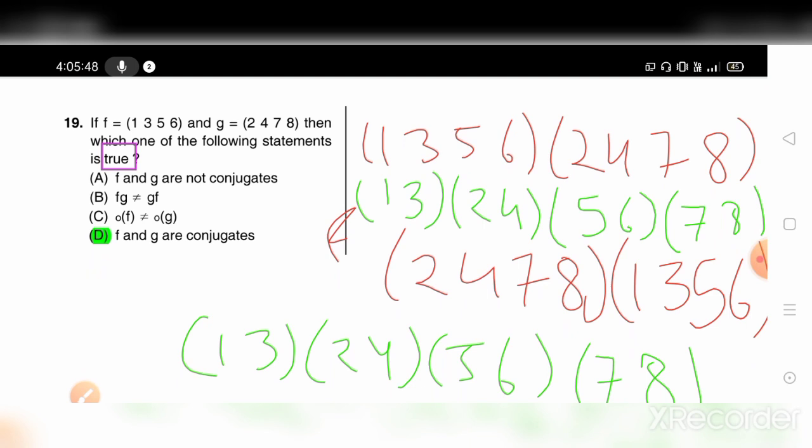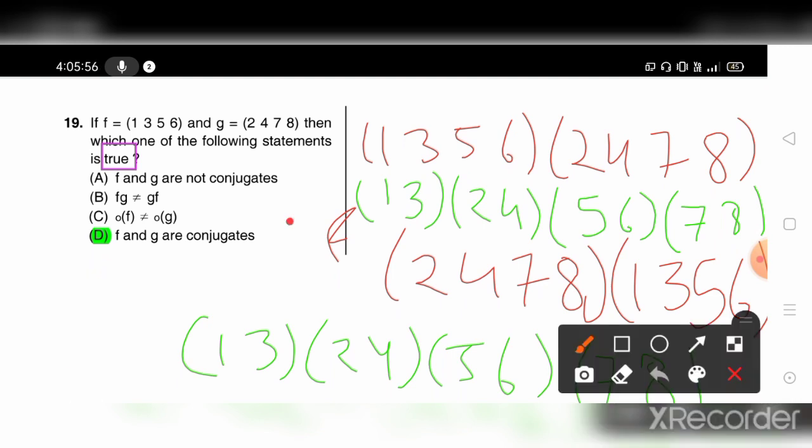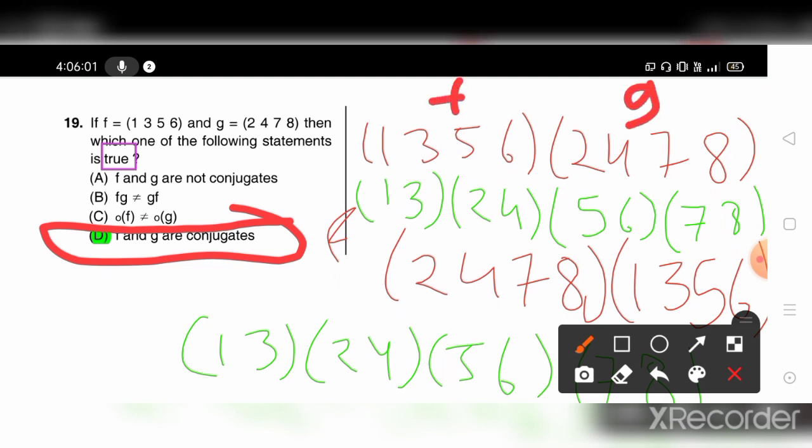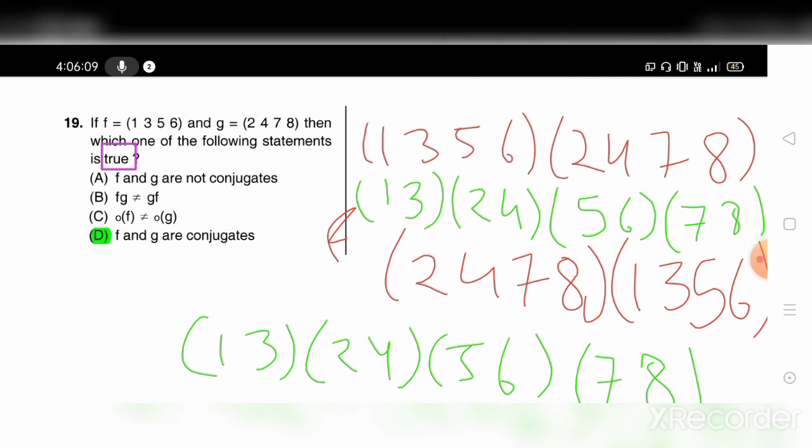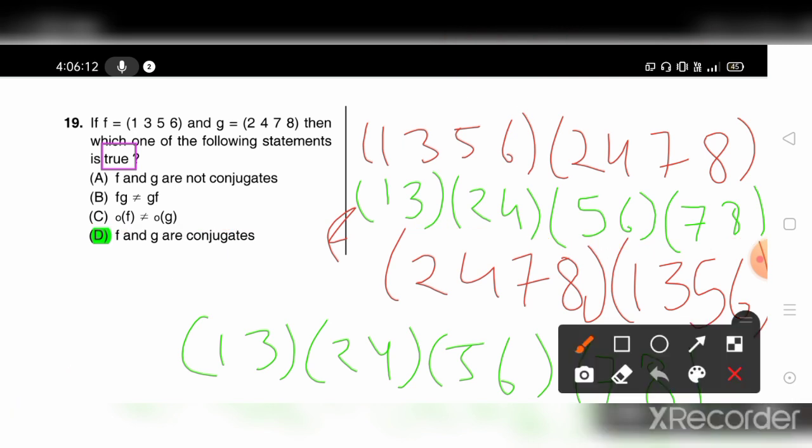If f equals (1, 3, 5, 6) and g equals (2, 4, 7, 8), which one of the following statements is true? Now check whether f and g are conjugate. Here f composition g: 1 goes to 3 and 3 goes to 3, 2 goes to 4.